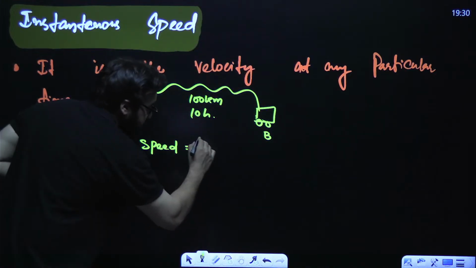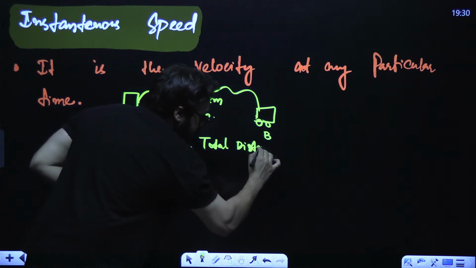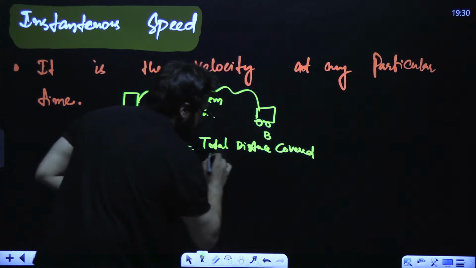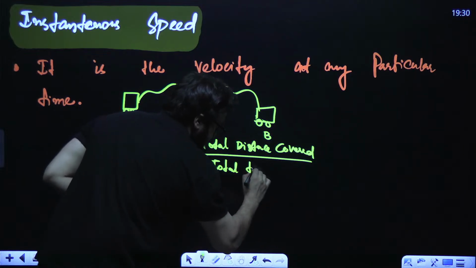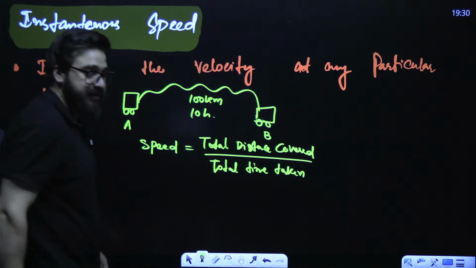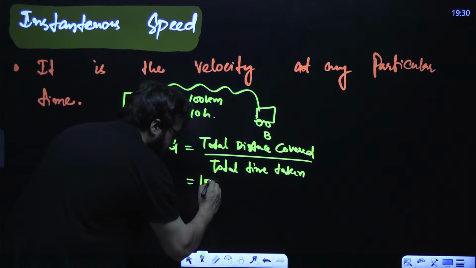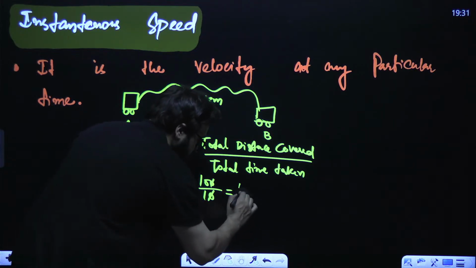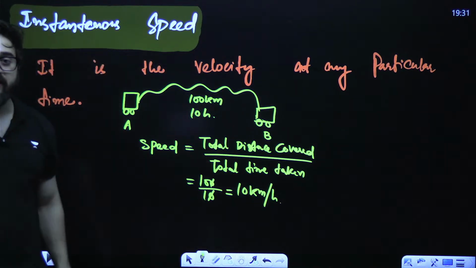Total distance covered divided by total time taken. This is how we find the speed. How much is the total distance covered? That is 100 kilometers. How much is the total time? That is 10. This and this will cancel, so this will come out to be 10 kilometers per hour. So this is the speed.